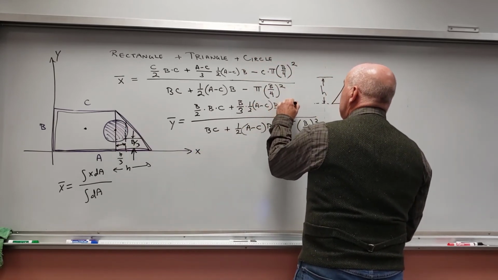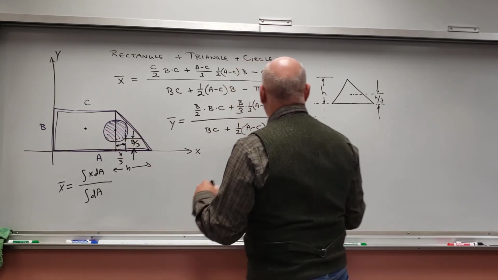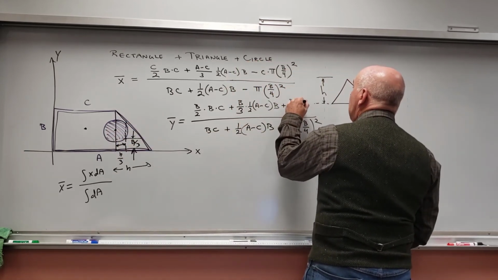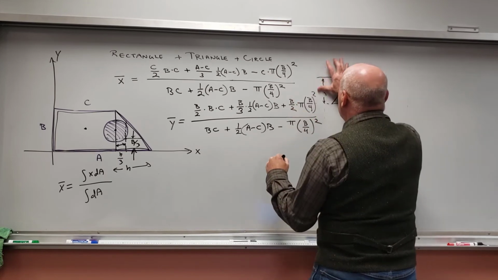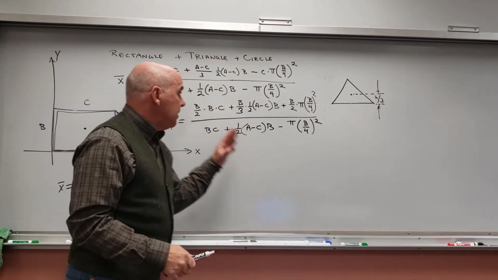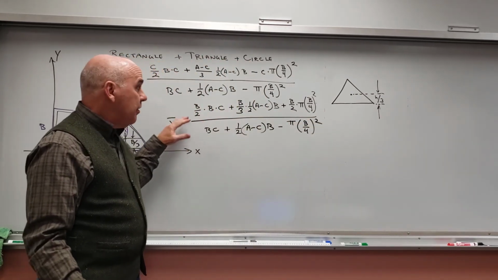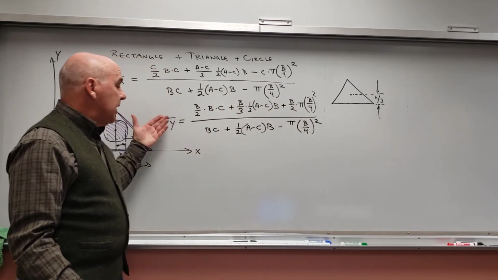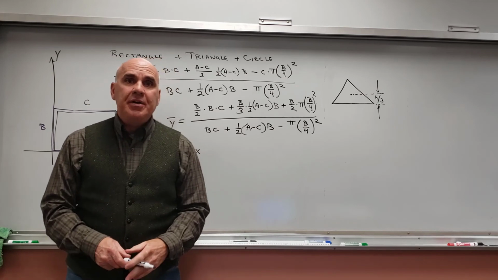So minus b over 2, because it's halfway up, times that area, which is pi times b over 4 squared. Okay? And so combining all of this, I'll have the y position of the centroid for this composite area.